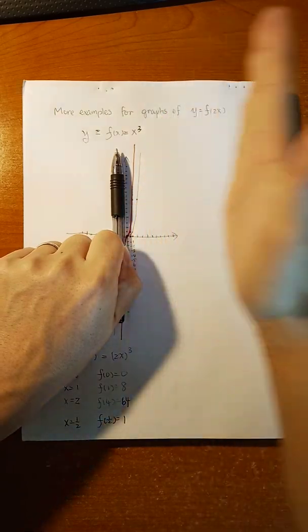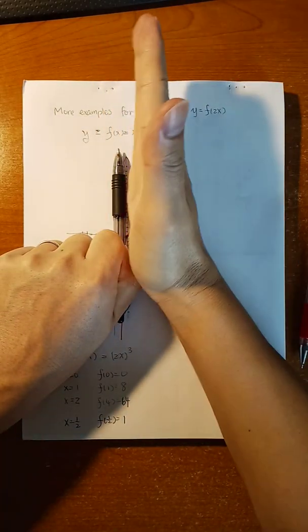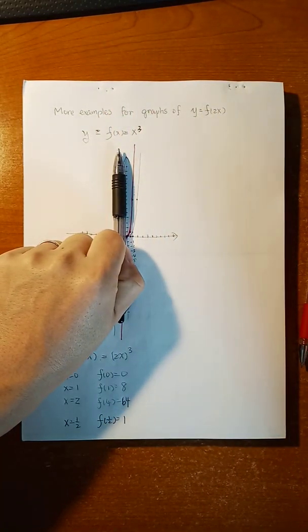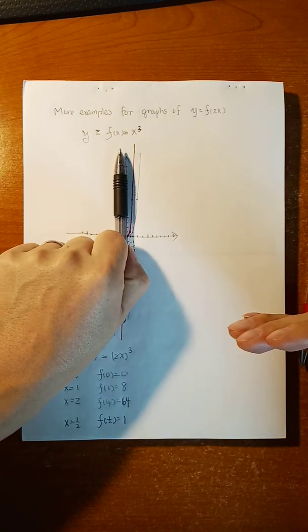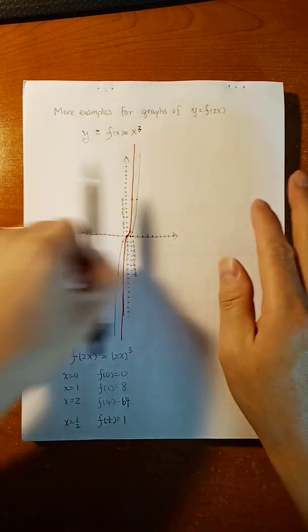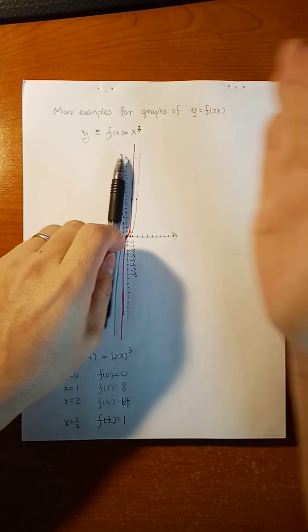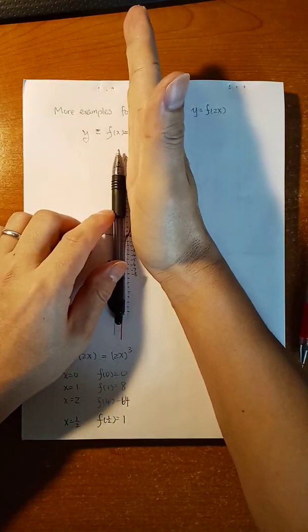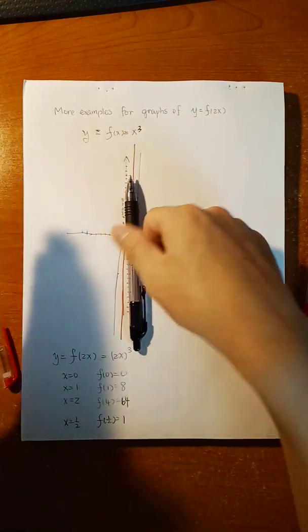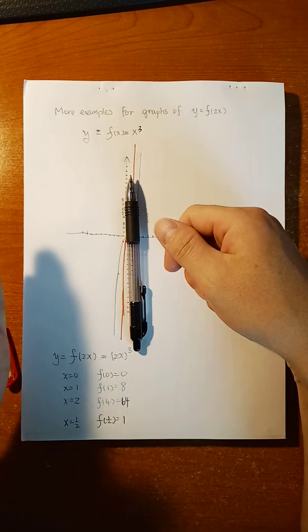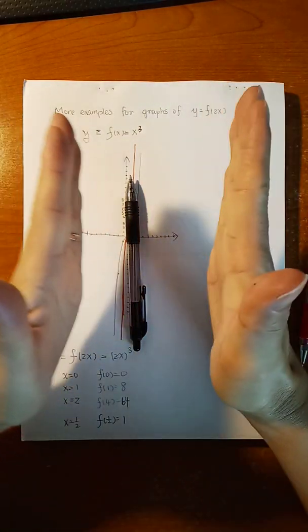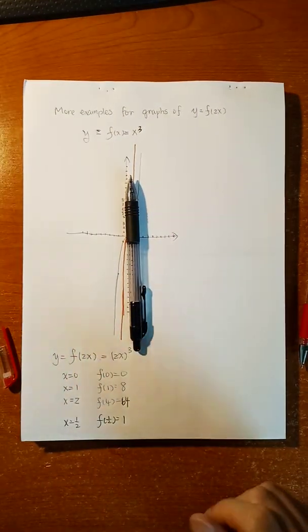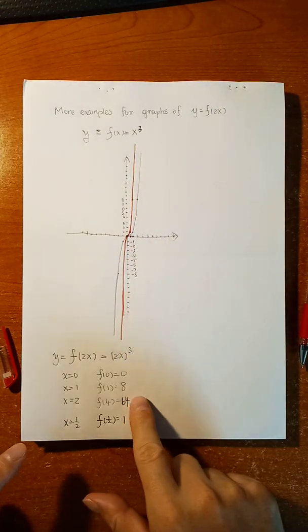You push this curve close to the y-axis. So that's a horizontal compression. Here's the similar thing. You push this curve towards the y-axis. You also push this curve towards the y-axis. Okay, so this horizontal squeeze, that's a squeeze.